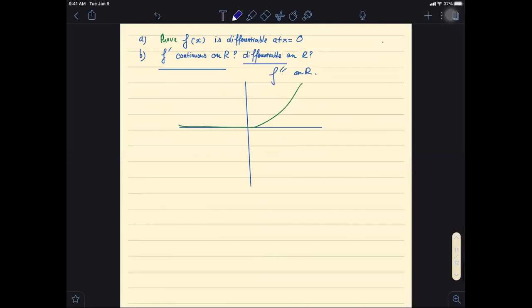So you want to prove f of x is differentiable, which means you want to prove the limit of f of x minus f of 0 over x minus 0 exists as x approaches 0. So you can take the limit from the left side and the limit from the right side.